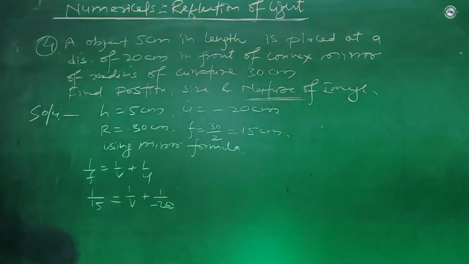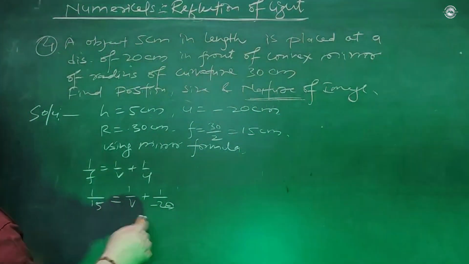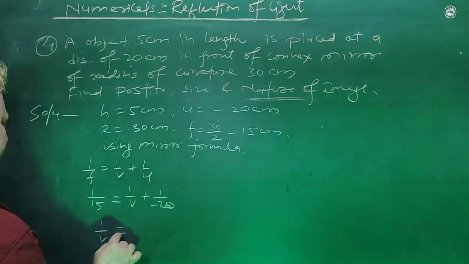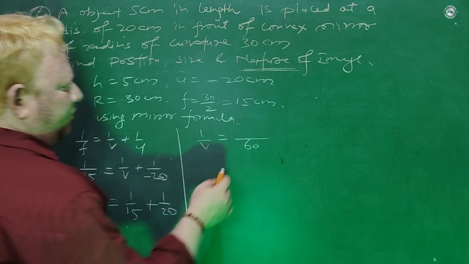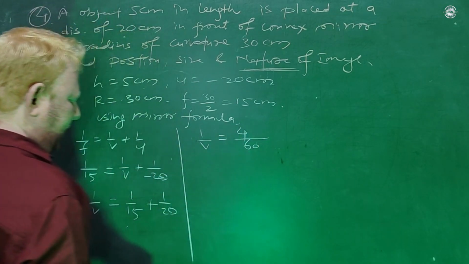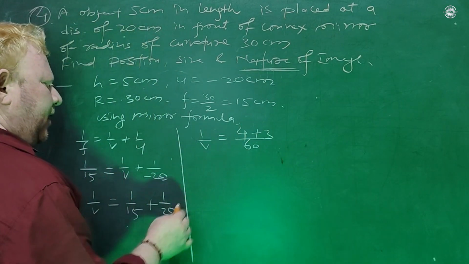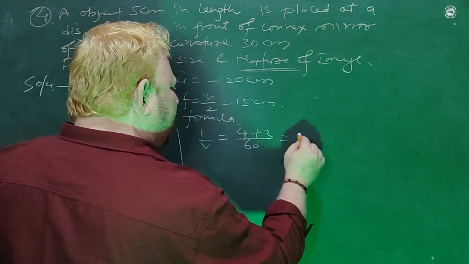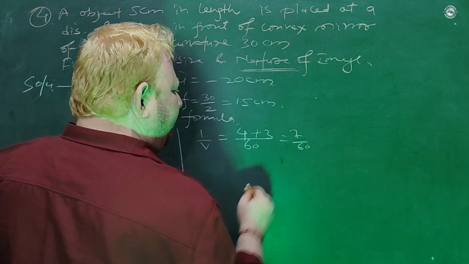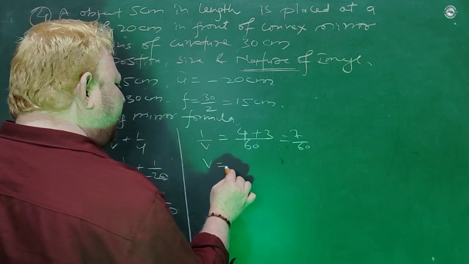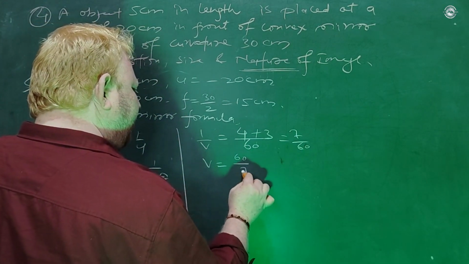Now this will be plus, so I am writing it this side: 1 by v is equal to 1 by 15 plus 1 by 20, LCM 60. 4 plus 3, so 1 by v is equal to 7 by 60. So v equals 60 by 7.